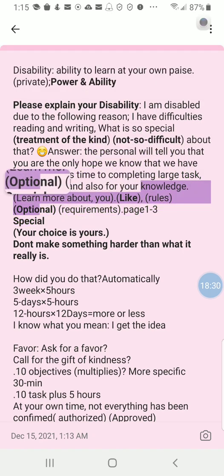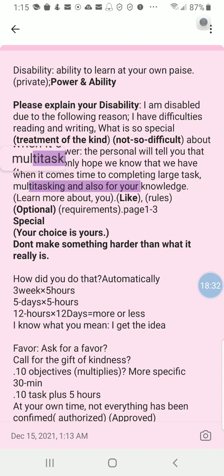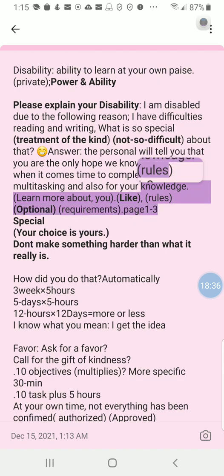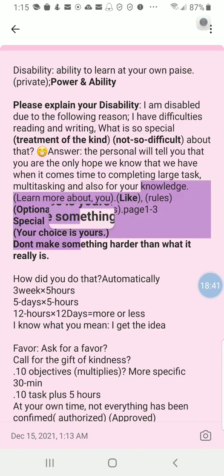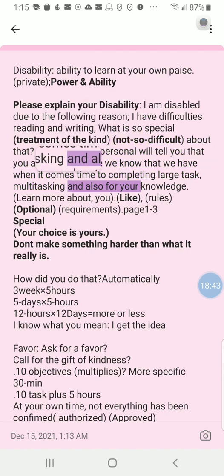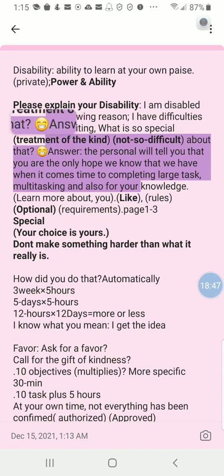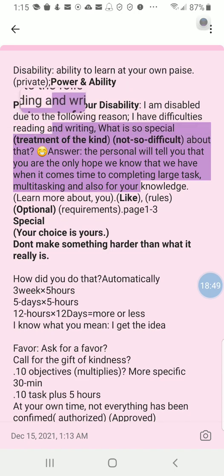If you're going to be using any sort of disability letter, it seems especially whenever it comes to multitasking, and of course problems with reading and writing.